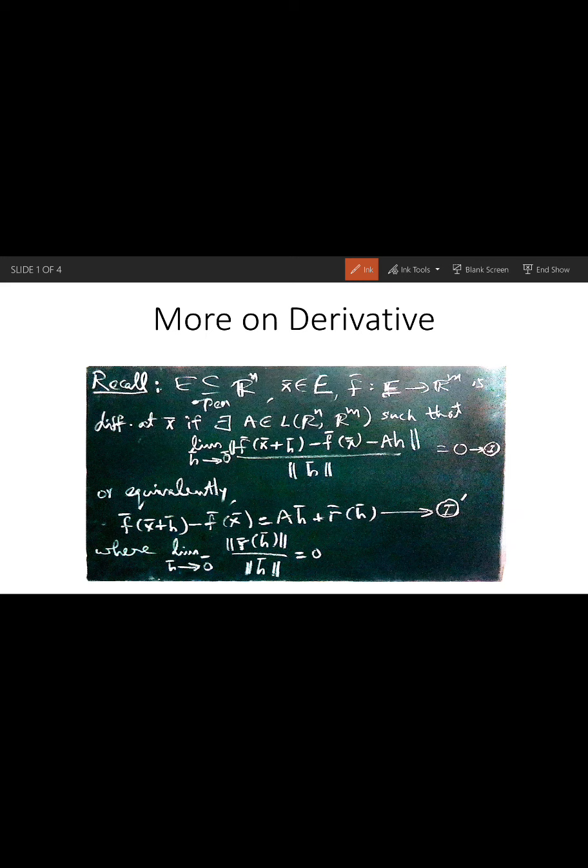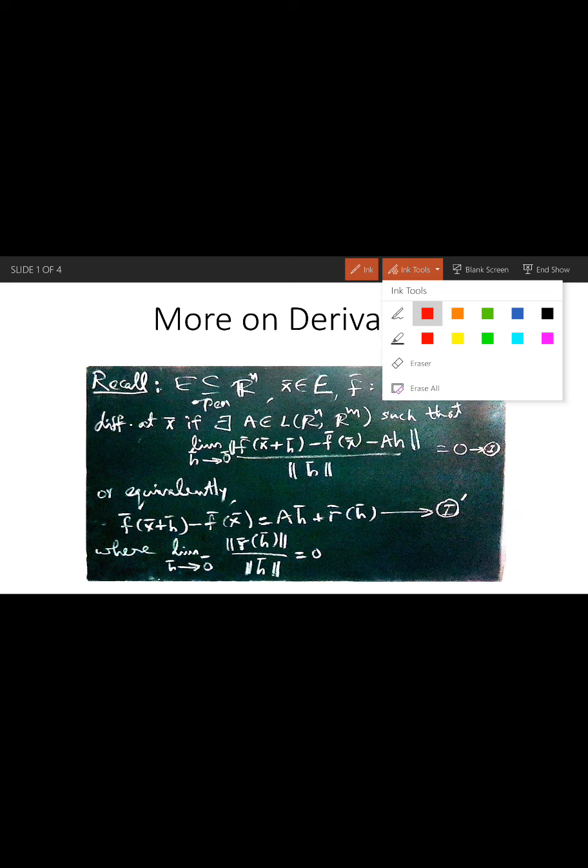It is 1 dash, where limit vector h tends to vector 0, norm of r of h divided by norm of h is equal to 0, where the numerator norm is again in Rm and the denominator norm is in Rn. So next slide.